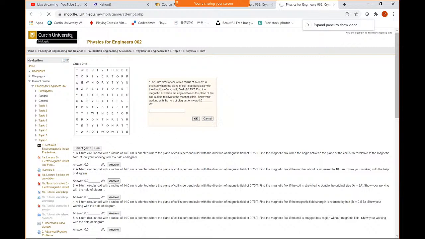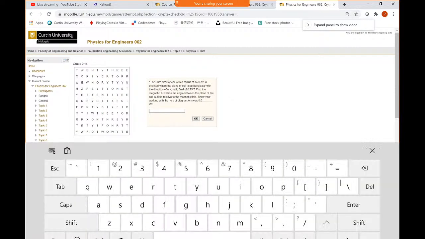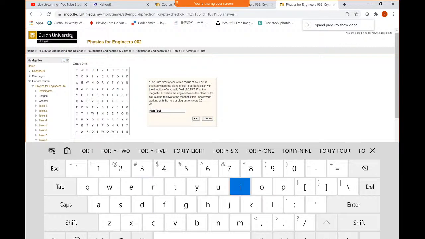Next to the questions, you click the answer button, so a window comes out. Let's say your answer is 0.046, so you type 46.